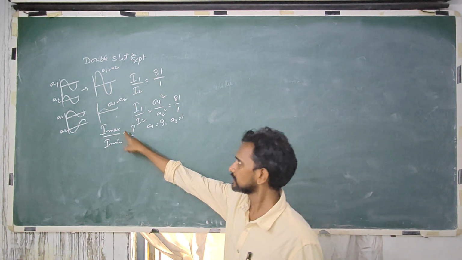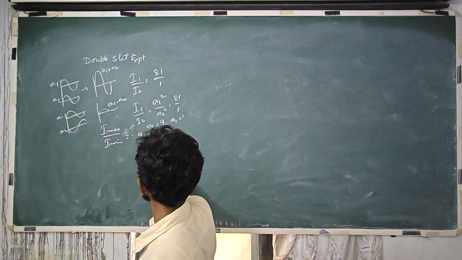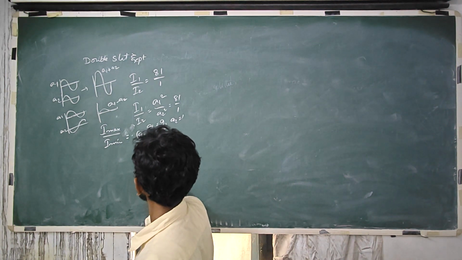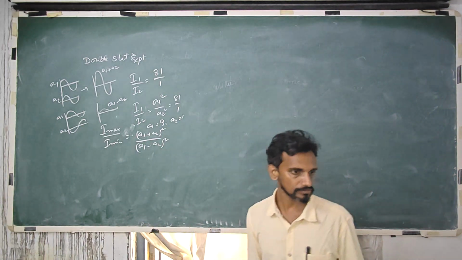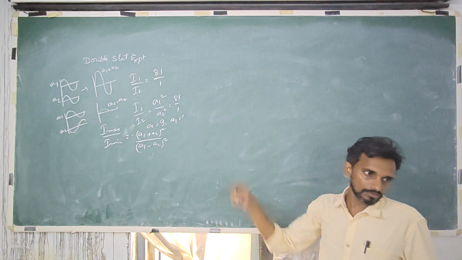Then what do we need? I max by I minima. So this is A1 plus A2 whole square by A1 minus A2 whole square. So A1 value is 9 and A2 value is 1.